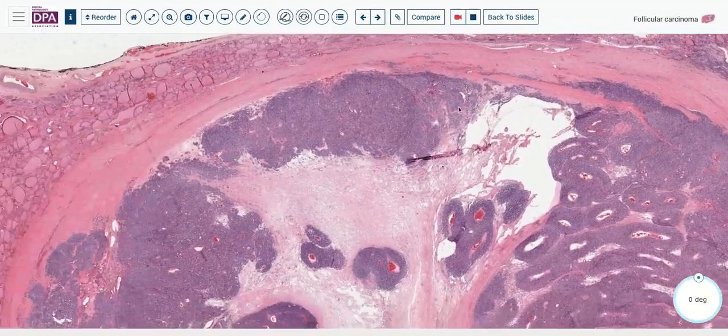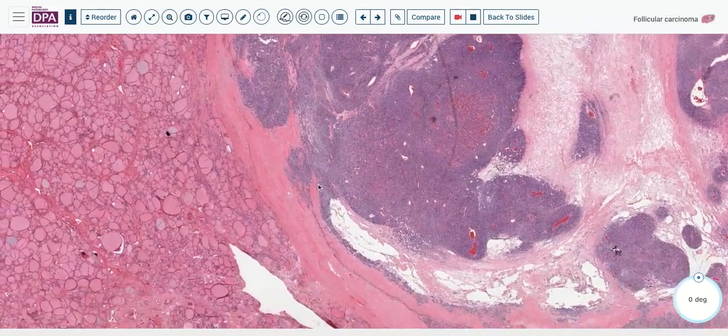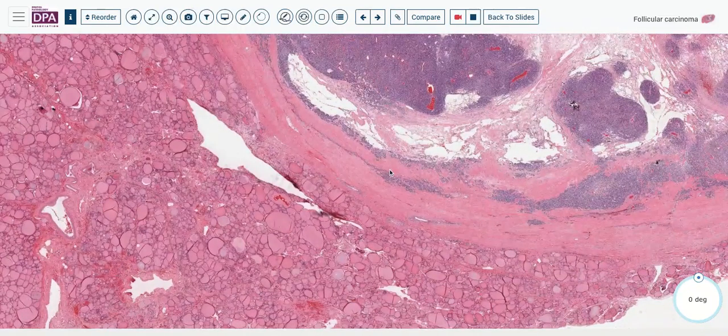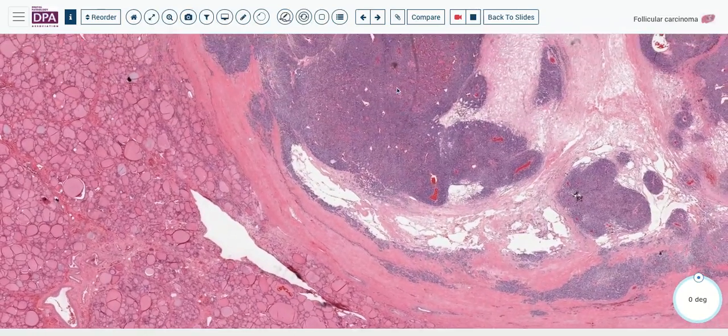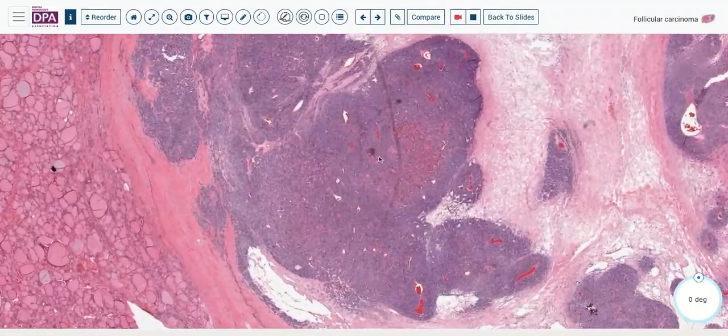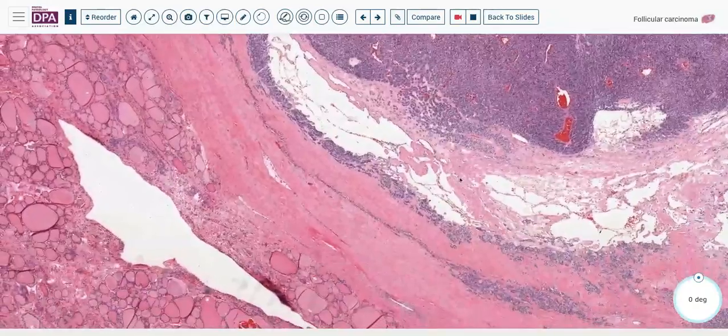So this should prompt us to look further to identify more sections where we can prove without doubt that this is follicular carcinoma of the minimally invasive type. Additionally, we can, of course, look for evidence of vascular invasion, either within the lesion.